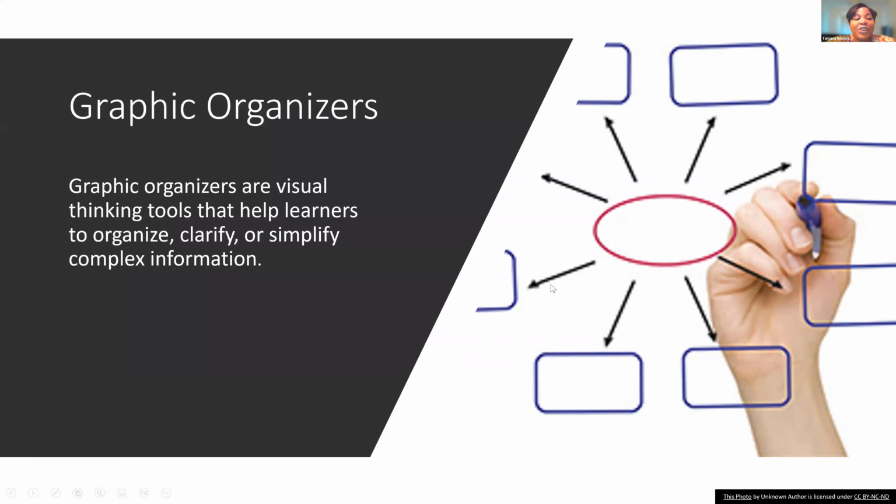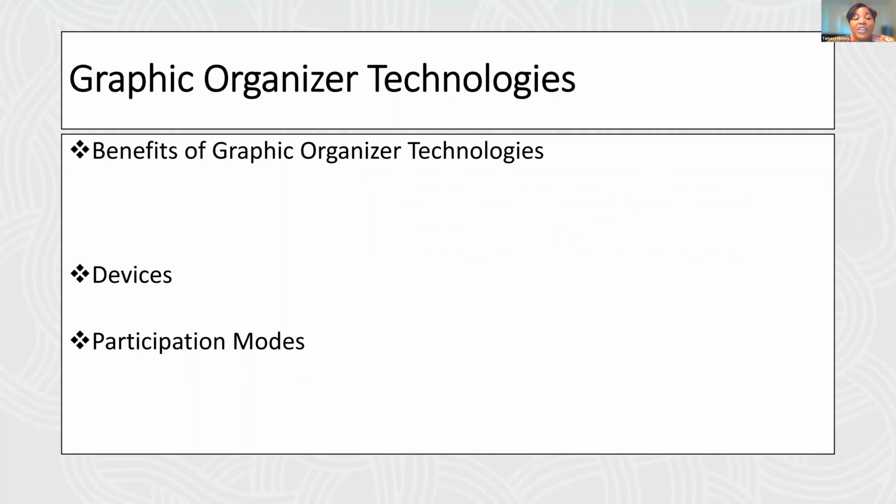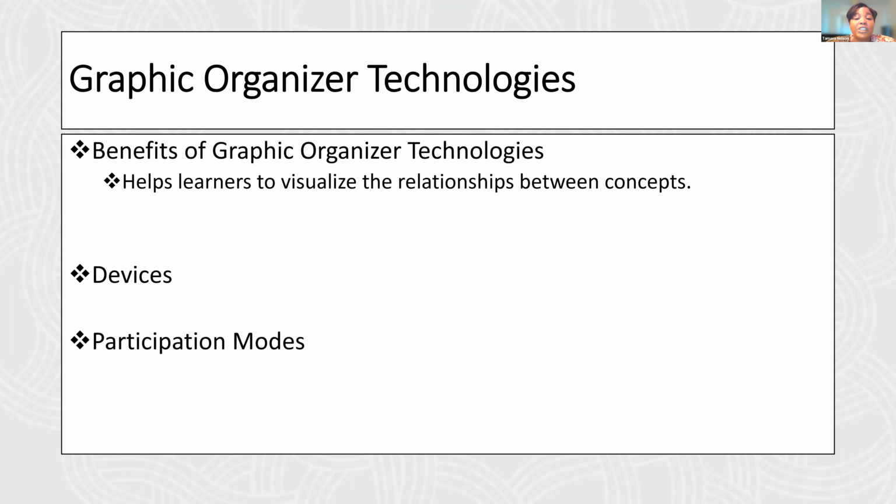And that is graphic organizers. So graphic organizers are visual thinking tools that help learners to organize, clarify, or simplify complex information. Some of the benefits of graphic organizer technologies are that it helps learners to visualize the relationships between concepts and ideas.